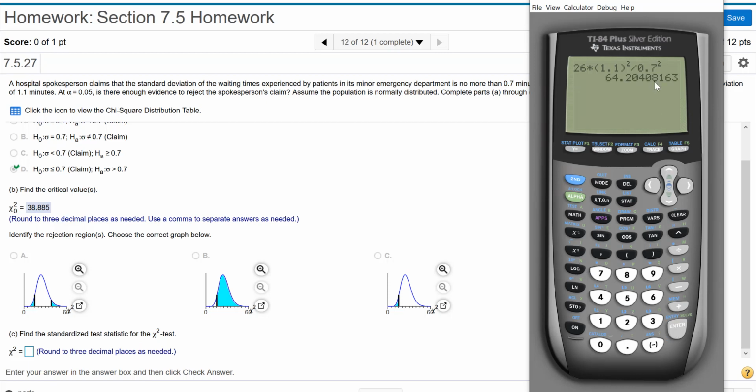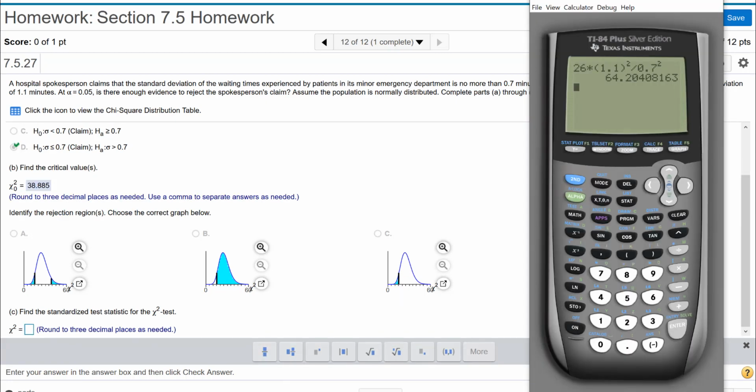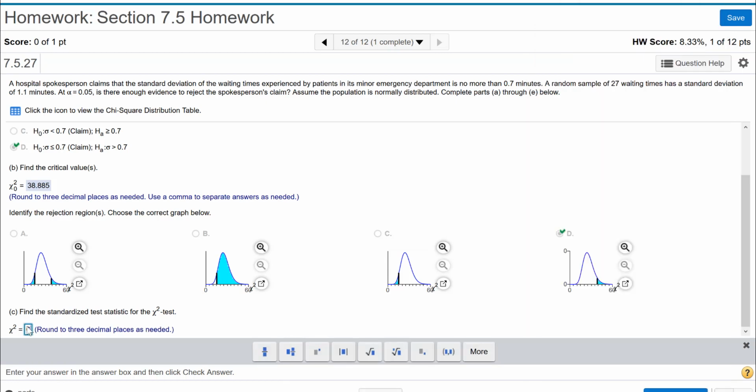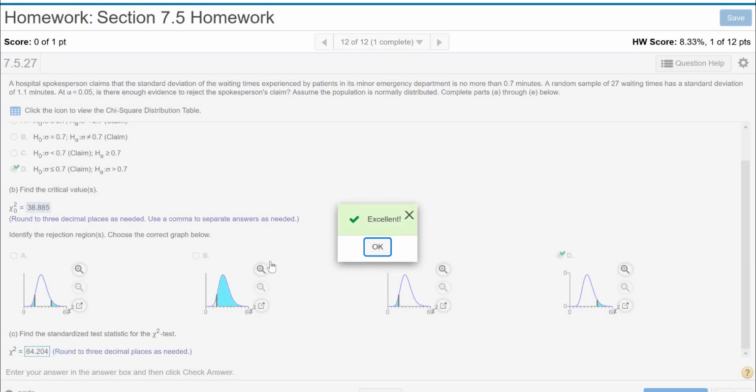Let's see what we got here. So I have a 64.204. All right, we got that going.